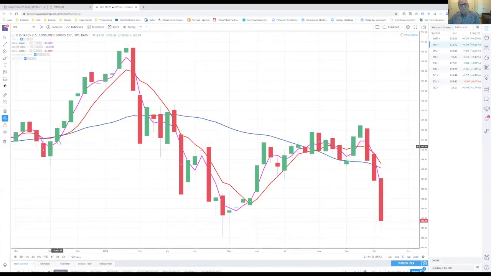Pink line, price stays right with it no matter where it goes. It warns you when you're going from up to down, and when you're going from down to up. It gives you early warning that things might be changing.